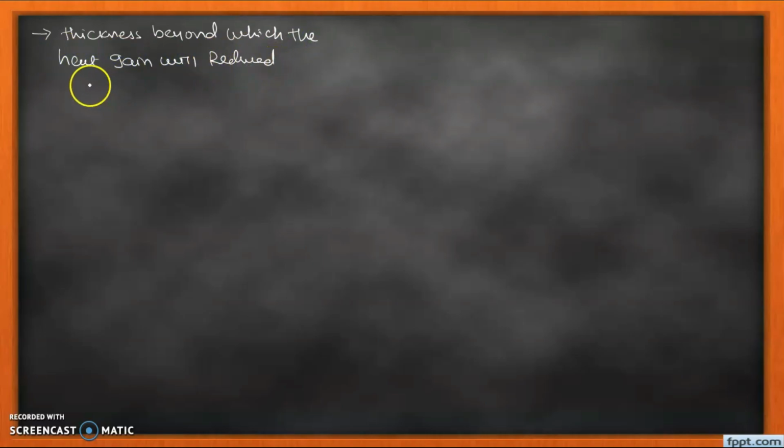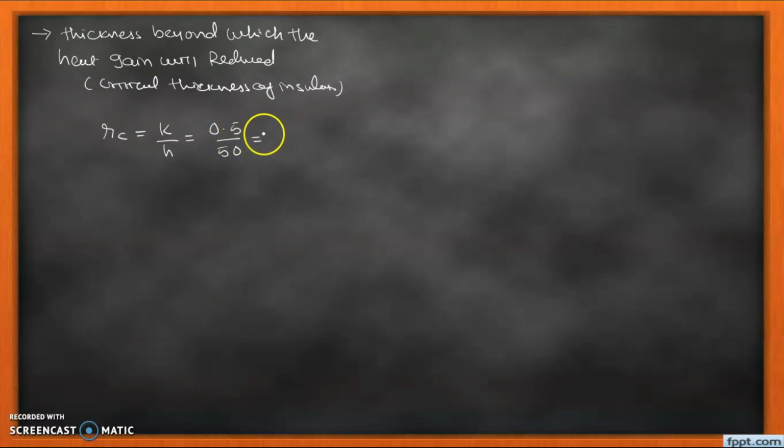We indicate it with Rc, which is k by h. The value of k is 0.5 and the value of h is 50, so the value becomes 0.01 meter, and converting into millimeter, it becomes 10 millimeter.